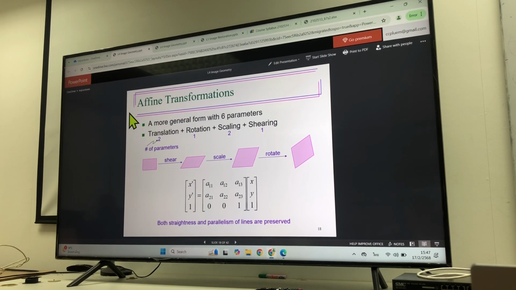The affine transformation preserves straightness and parallelism. What does it mean? Preserving straightness means a straight line is still a straight line. Anything that used to be parallel is still parallel. Shearing is the amount of difference here, delta.